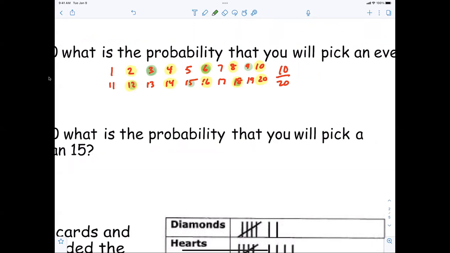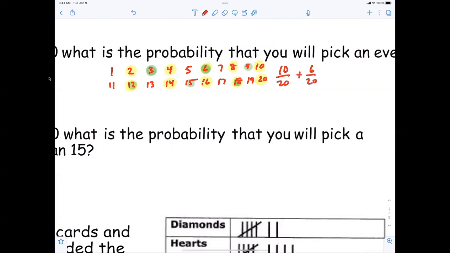So how many are those? 1, 2, 3. How many are green? 6, right? I promise you I'm going to be right, and you're going to go, okay, that makes pretty good sense. All right. So how many of them were green that we highlighted?